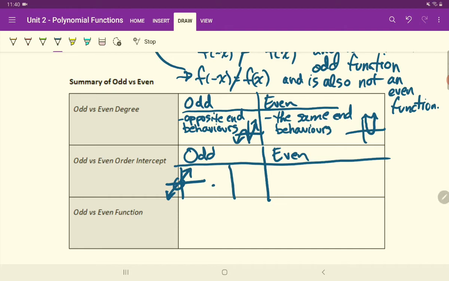Or it can do something like this, where it was like a degree of 3. It's still odd, but it does something like this. That is still considered an odd order intercept. This is a first order. This is a third order. For even, you can have this. This is what's called a second order intercept.